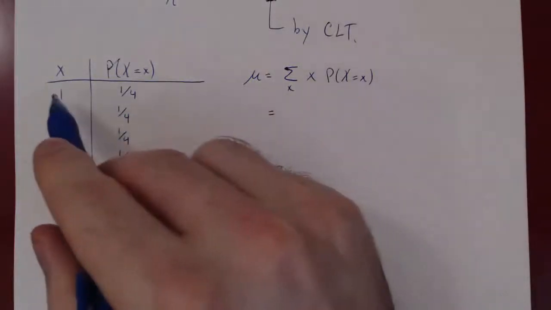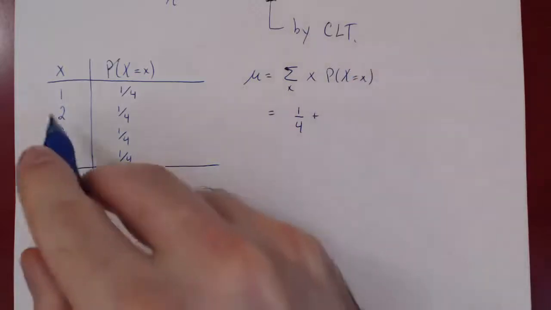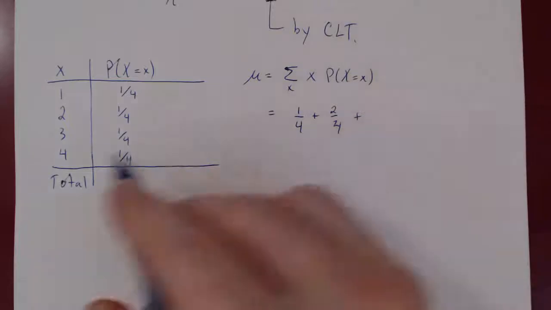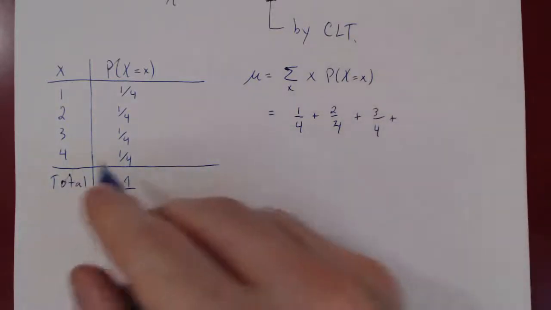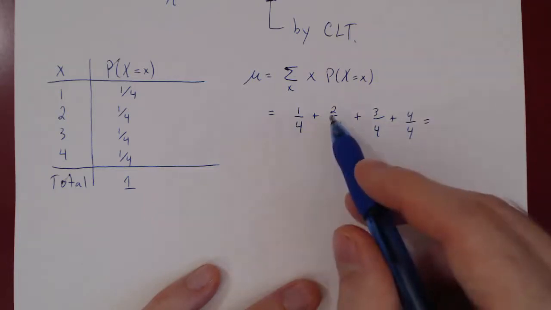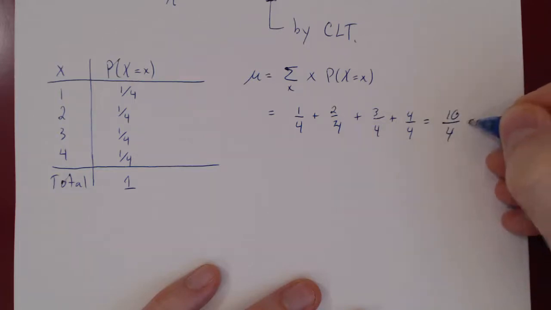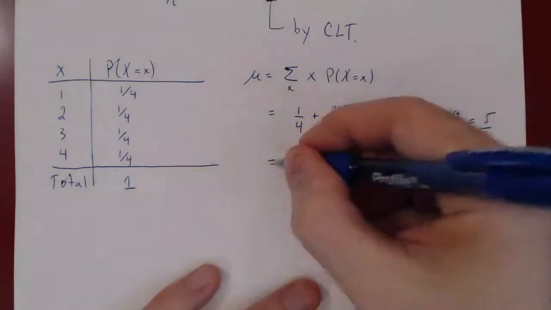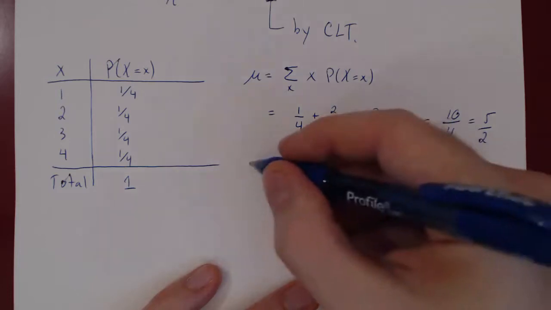Well, so 1 times a quarter is a quarter, plus 2 times a quarter, 2 quarters, plus 3 times 1 quarter, 3 quarters, plus 4 times a quarter, 4 quarters. If you add those up, you'll get 1 plus 2, 3, plus 3, 6, plus 4, 10. So 10 out of 4, which simplifies as simply 5 over 2. If you prefer in decimals, 2.5.